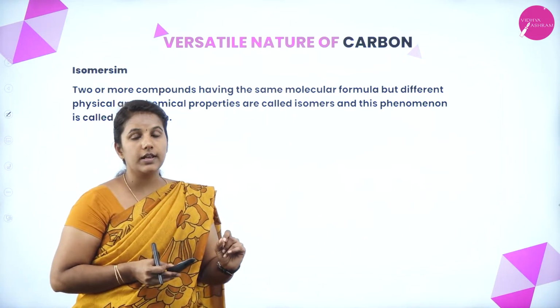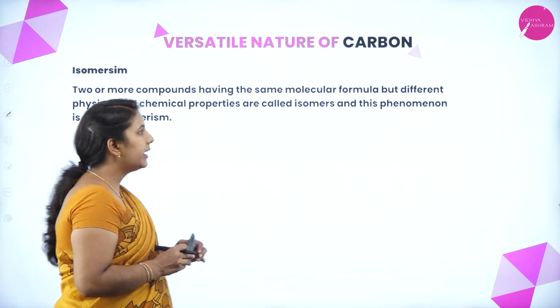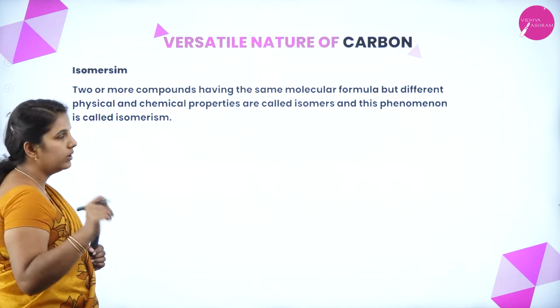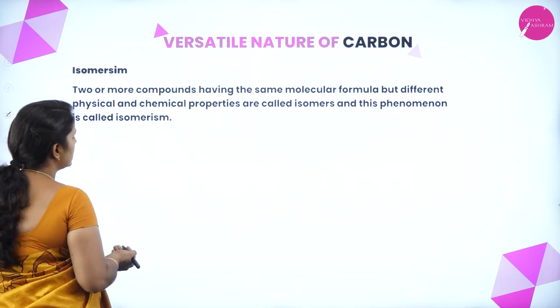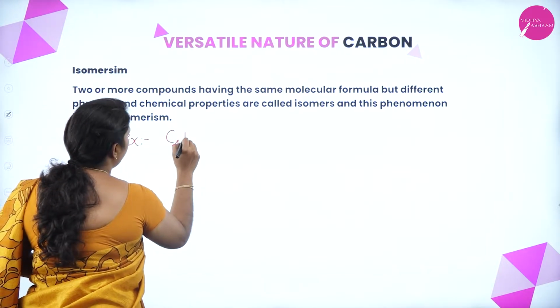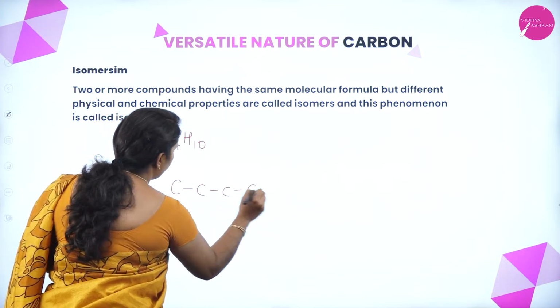So this is known as what? Isomers, and the phenomenon is known as what? Isomerism. I can write an example so that you will understand isomerism of carbon. The example is C4H10. So how many carbon atoms do we have? 4 carbon atoms.